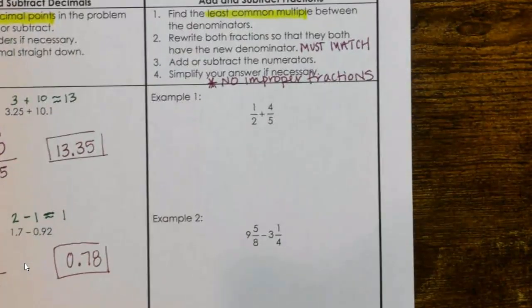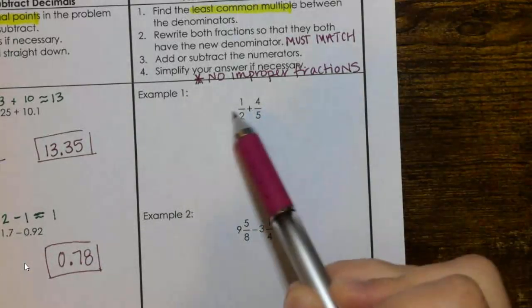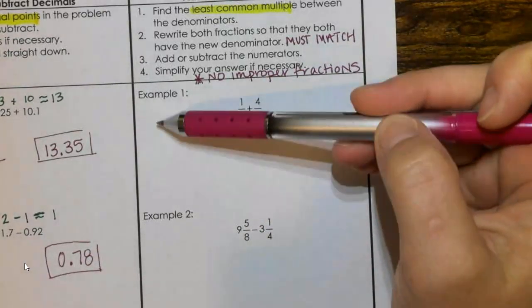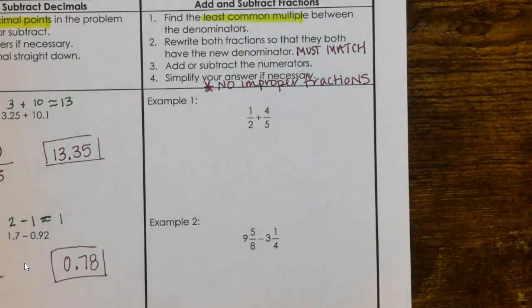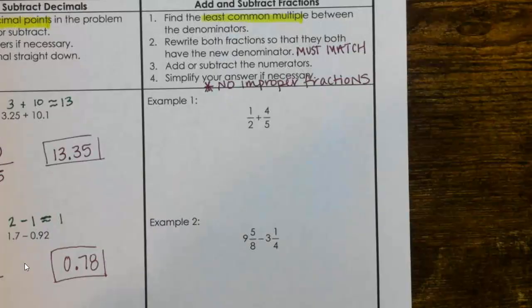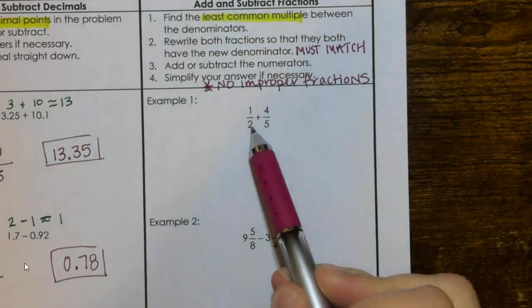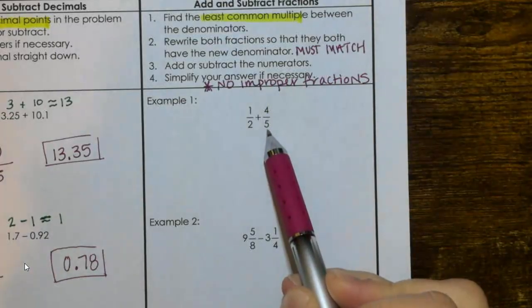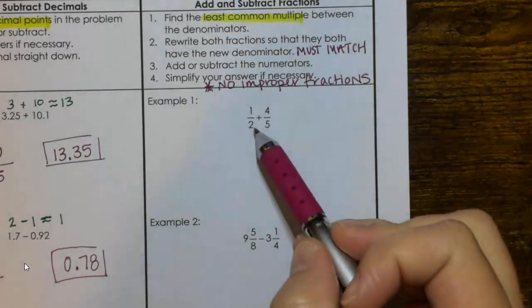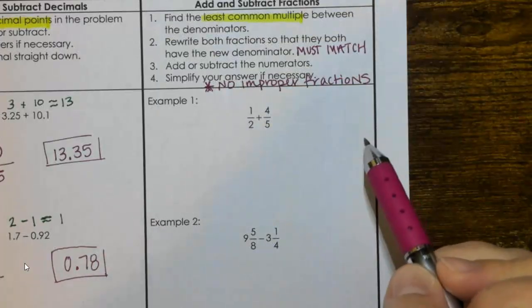All right, so fractions can be added and subtracted horizontally, side to side, or up and down, okay? We're going to start with the horizontal first, and we have to find a common denominator. So I have a 2 and a 5. I need to know what number I can multiply to get these to the same denominator.